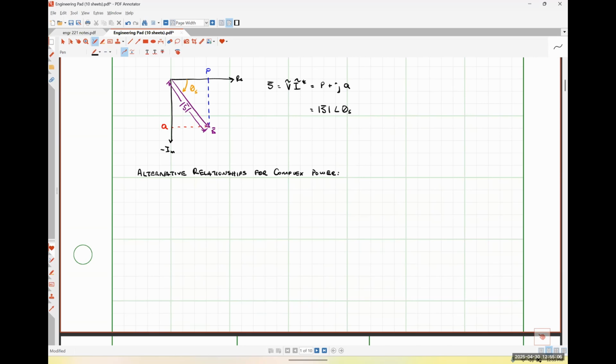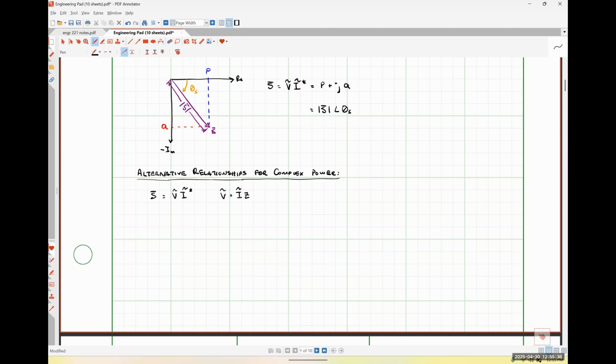All right, so all of the relationships that I'm about to derive are based simply on our fundamental definition for complex power, S is equal to V times I conjugate, as well as Ohm's law in the RMS frequency domain, which is simply RMS phasor voltage V is equal to RMS phasor current I times our impedance.